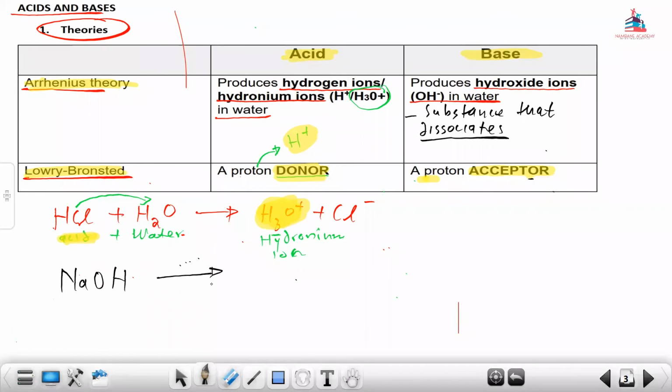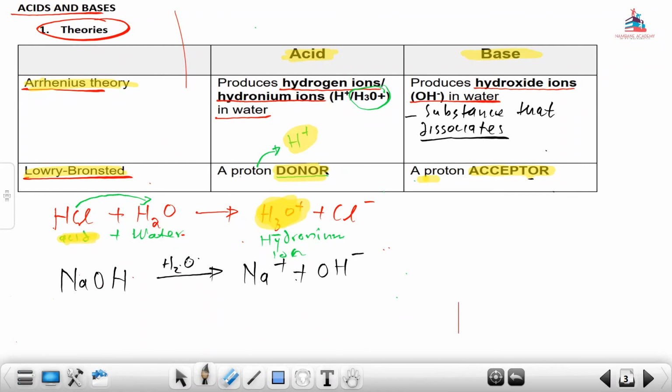The base is going to dissociate to form Na+ and OH-. So this says that it's a substance that produces hydroxide ions, and for this dissociation to happen, it must happen in water.